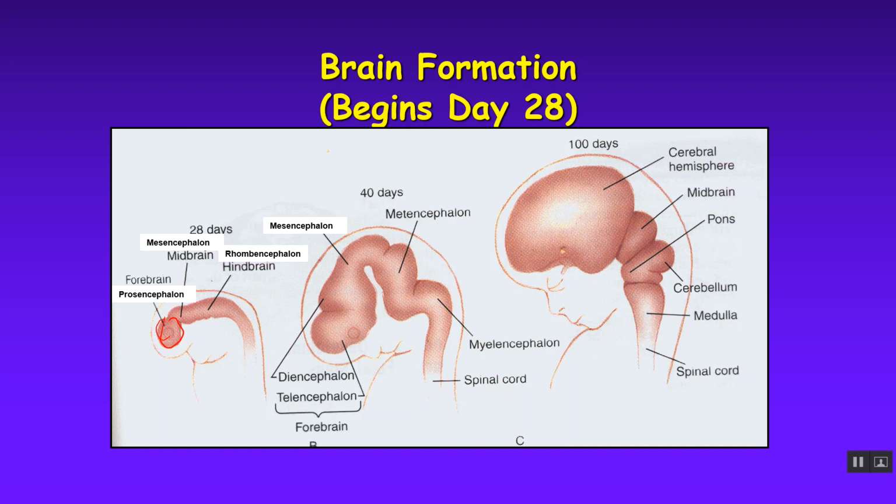That's the 3-vesicle stage here at day 28. Also forebrain, midbrain, and hindbrain, and then you move to the 5-vesicle stage, and then eventually to your adult derivatives. This is 100 days here, where you've now got your nervous system differentiated into what it's going to eventually be as an adult.